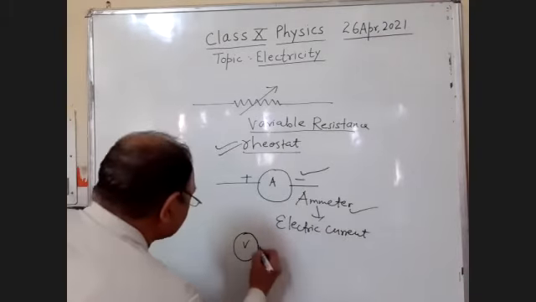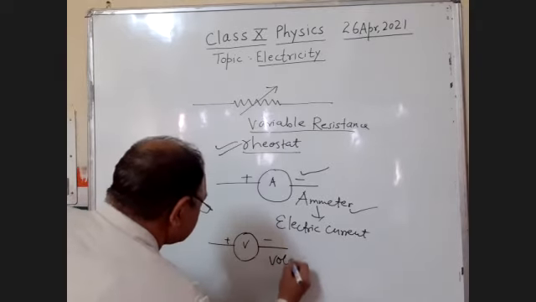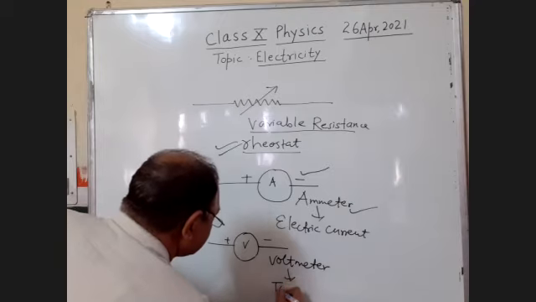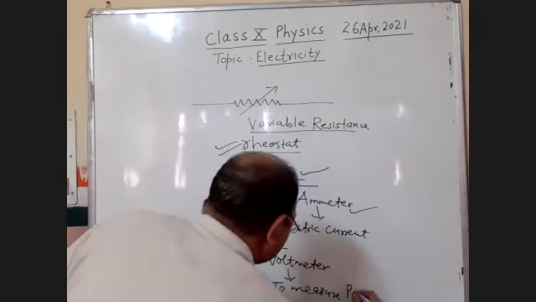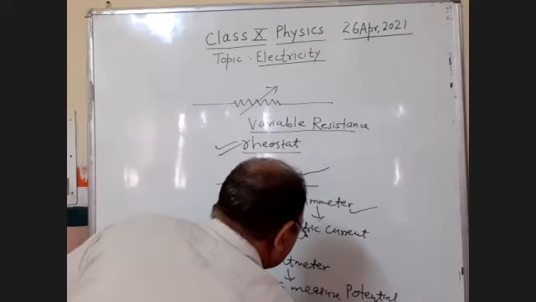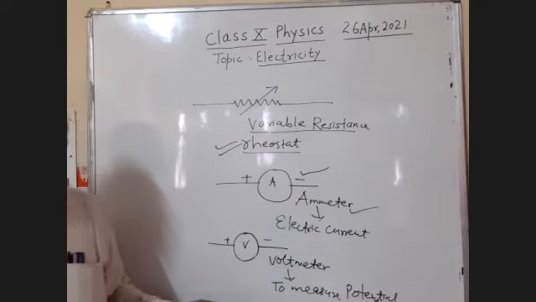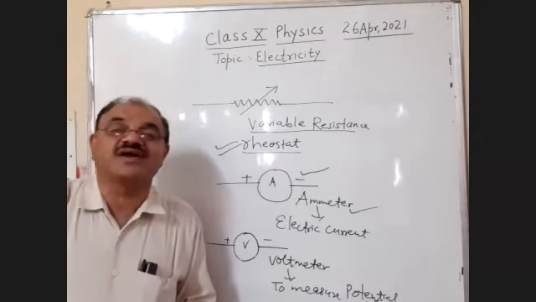Now, the voltmeter. The voltmeter symbol is like this. It is used to measure potential difference. Now, students, a voltmeter is a device which is used to measure the potential difference.